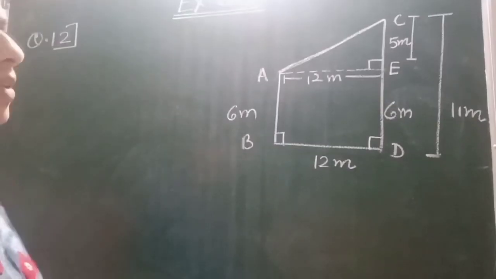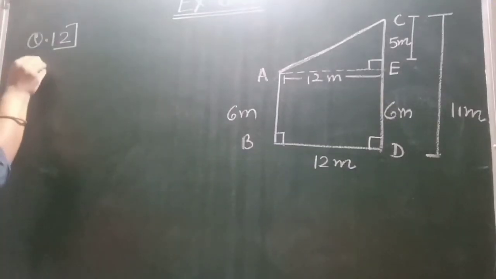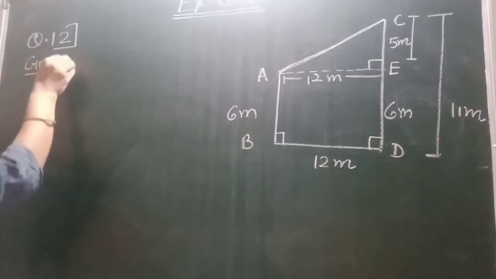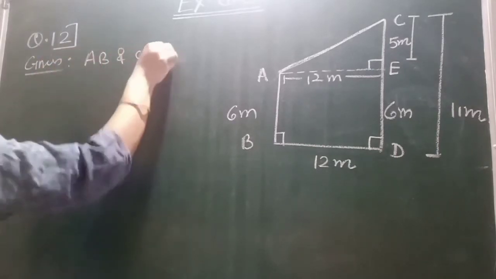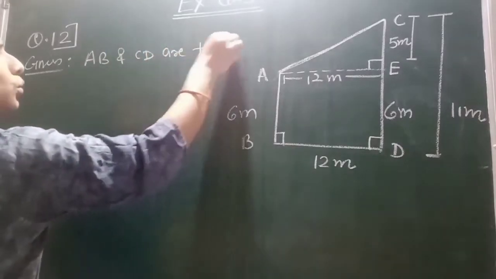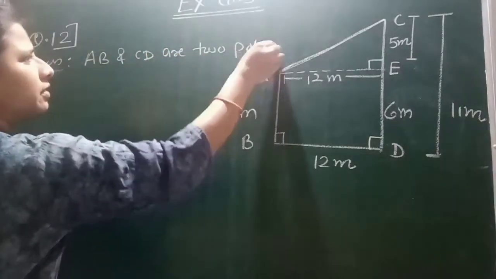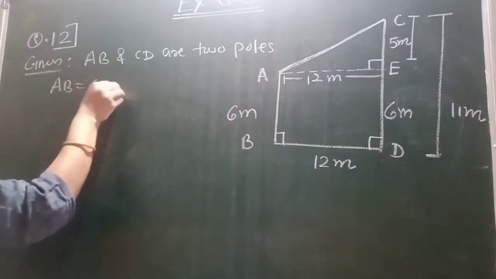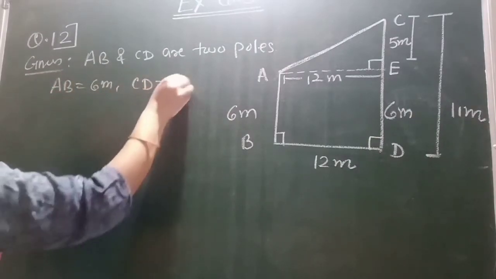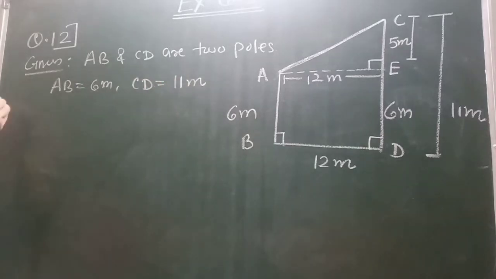So first we will write what is given. What is given here? AB and CD are two poles. Okay, where AB equals 6 meter and CD equals 11 meter. To find, what we have to find here?